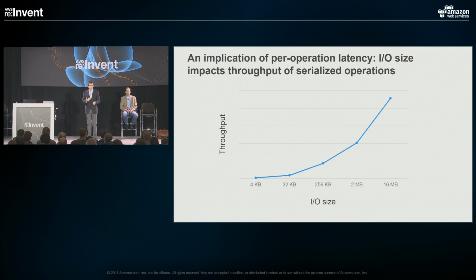So if you're doing these operations in serial, you're able to drive higher throughput with larger operation sizes. This graph shows I/O size versus throughput, and again, this is a serialized operation, to give you a sense for what that looks like.